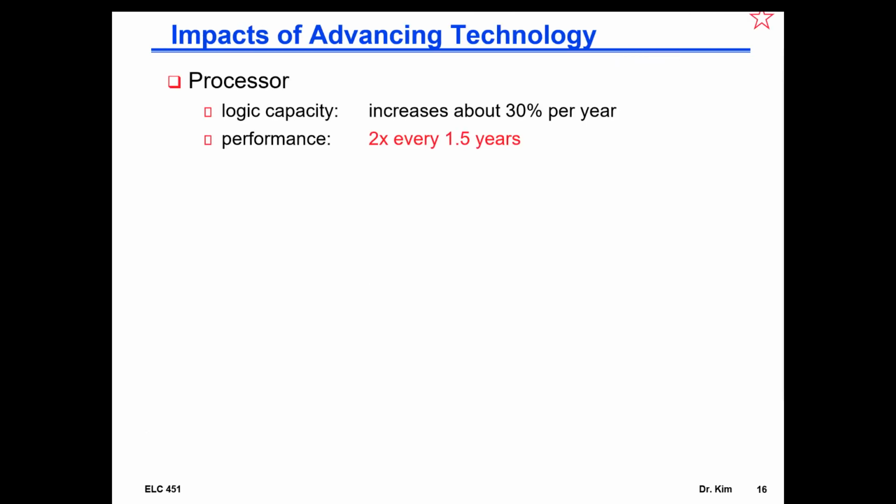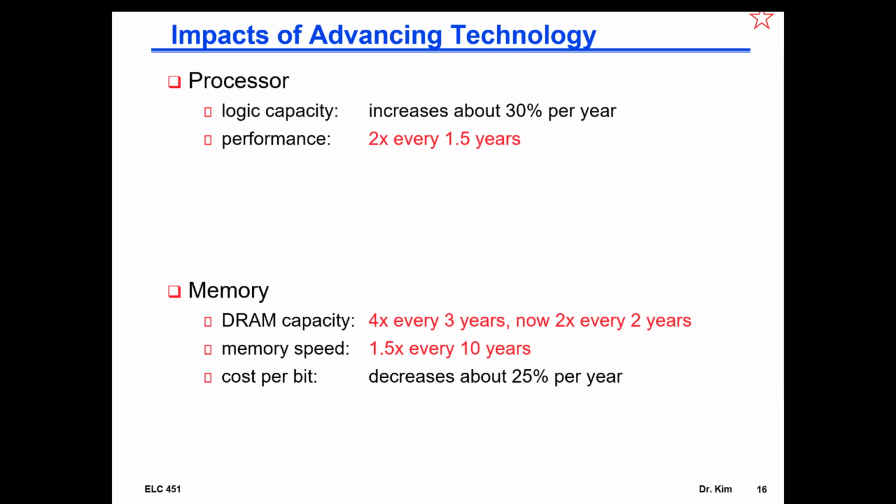So let's look at how this has impacted processors. Logic capacity increases about 30% per year. Performance has increased about double every 1.5 years. So it has followed Moore's law, because we have made the transistor smaller to have more complexity per chip.